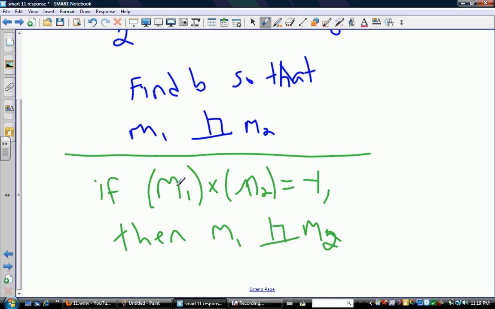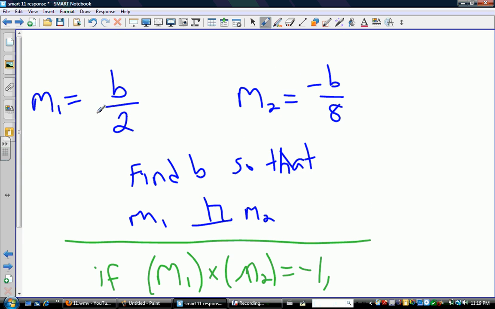If two slopes multiply to give a product of -1, and only -1, no other number here is a valid statement about perpendicular lines. So if two slopes multiply together and give me -1, then those two slopes represent perpendicular lines.